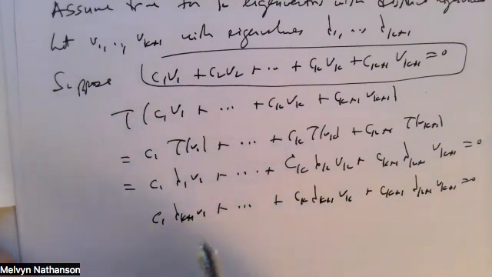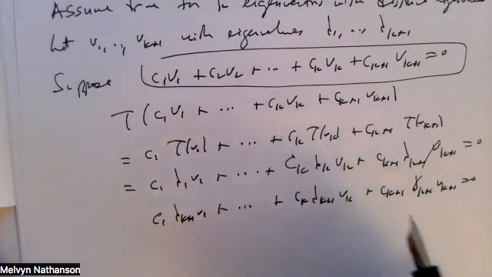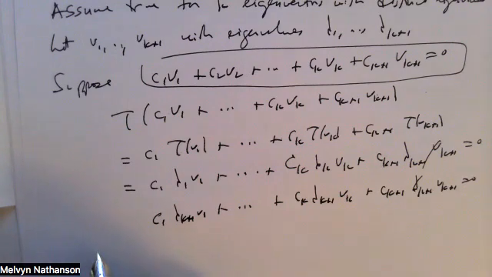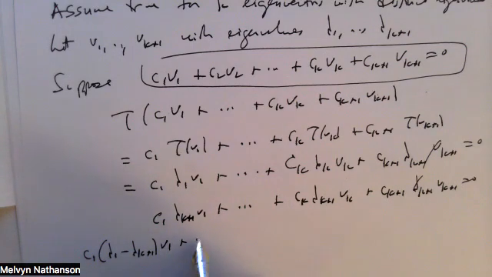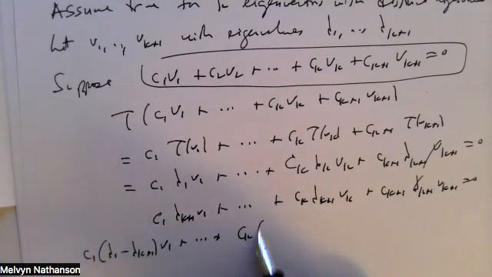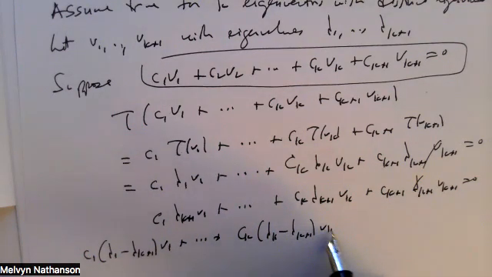If we subtract these two equations, these terms cancel, and we get c1 times lambda 1 minus lambda k plus 1 times v1 up to ck times lambda k minus lambda k plus 1 times vk equals 0.